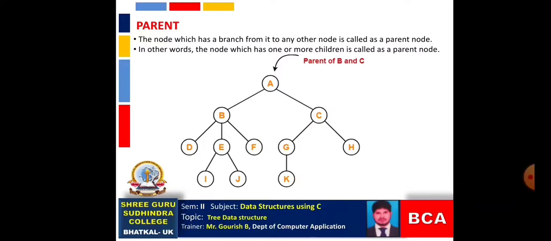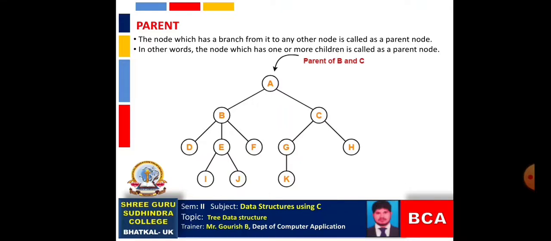So B is the parent of D, E and F. And for G and H, C is the immediate predecessor. So C is the parent node of G and H. And for K, G is the immediate predecessor. So G is the parent node of K, right?